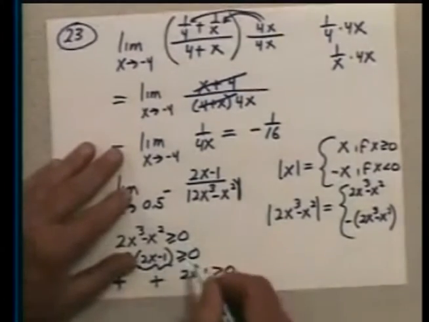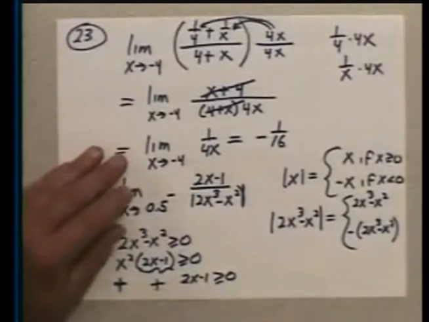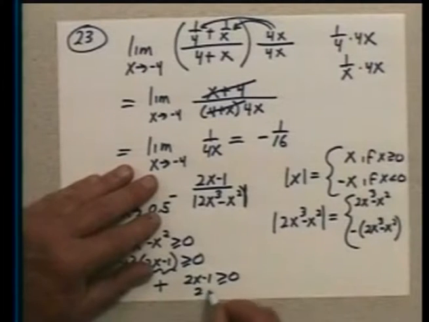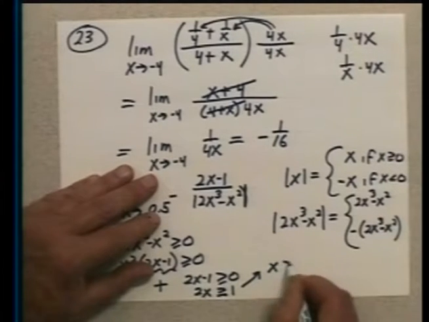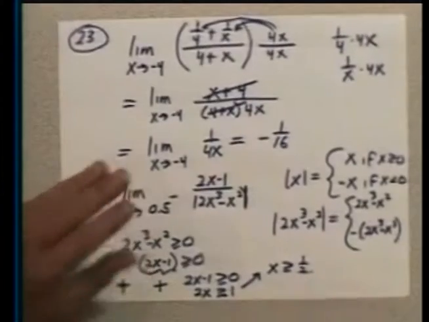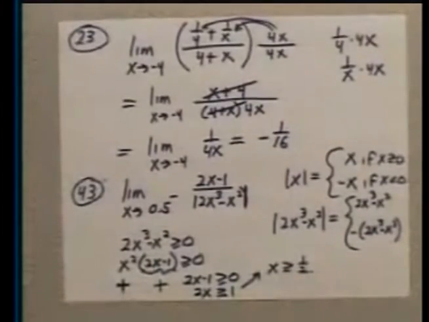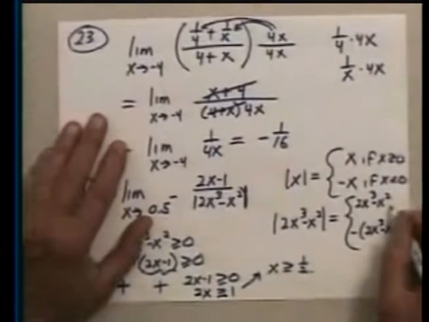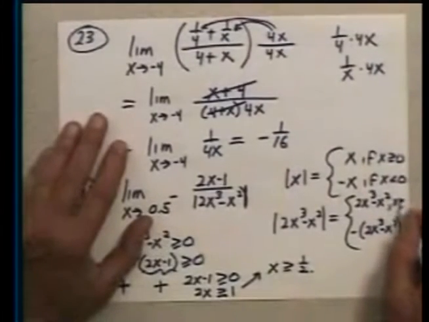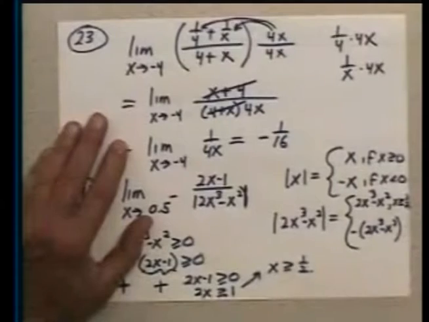Actually, I can drag the equals with it, which means 2x has to be greater than or equal to 1, which means x has to be greater than or equal to 1/2, right? So the condition behind this one is x greater than or equal to 1/2.